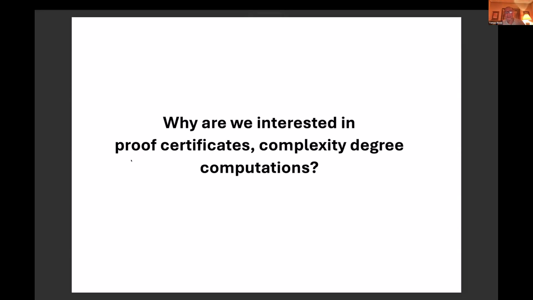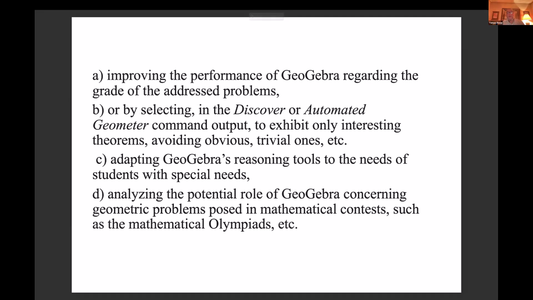Why are we interested in finding this complexity measure of the discovered theorems? First of all, because if we have a score, we can improve the performance of GeoGebra, because it will not be the same to perform badly for trivial theorems as to perform badly for theorems of the mathematical Olympiads.